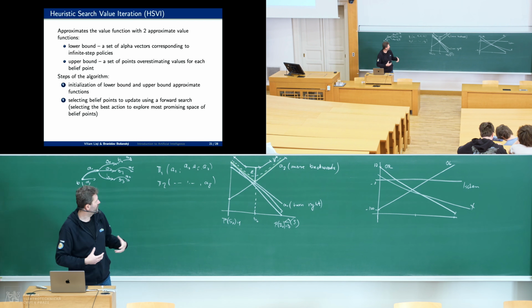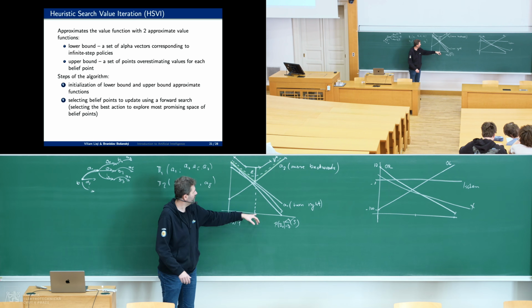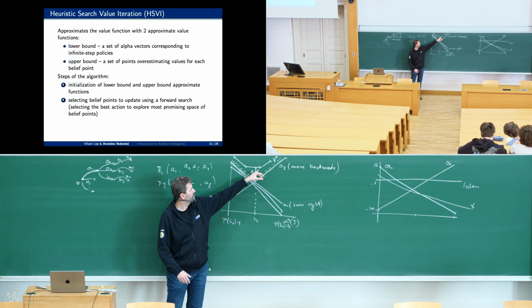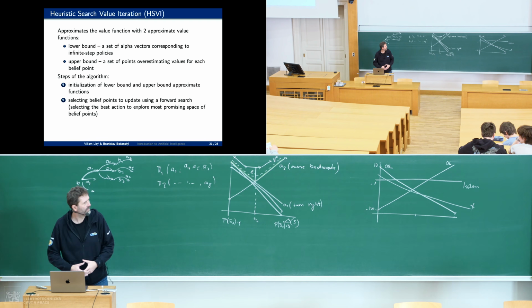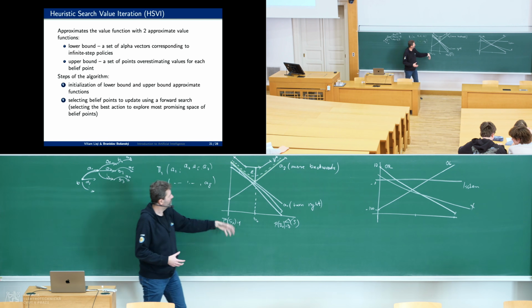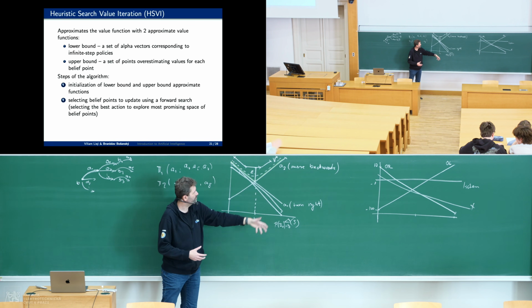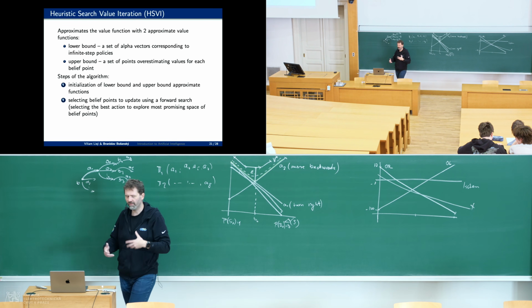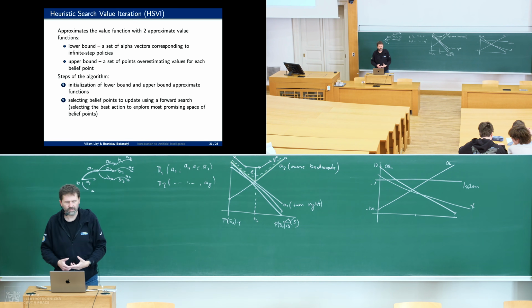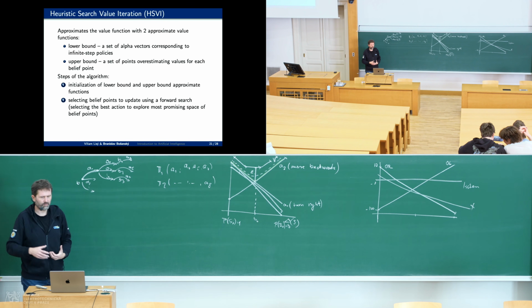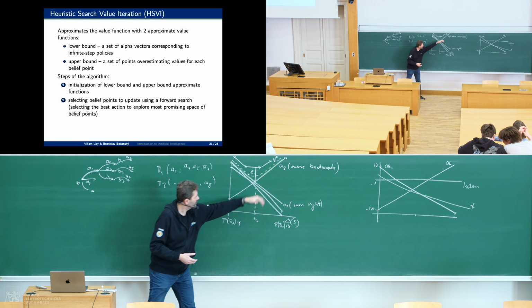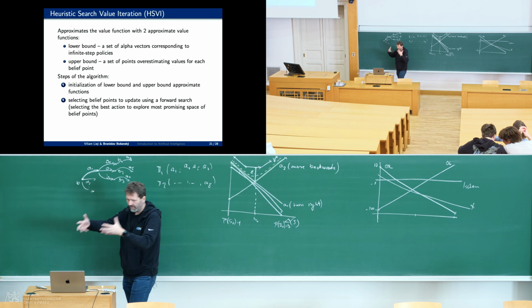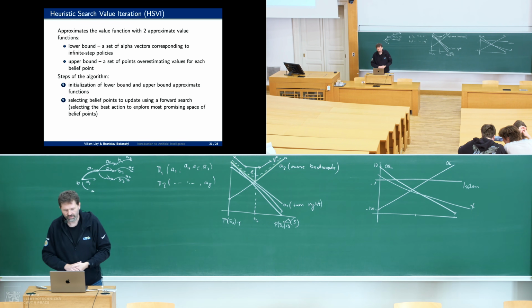We start with the initial belief, and based on the upper bound, we select the best action and move to another belief based on our observation. Again, we select the best action based on the upper bound, perform the updates, and move to another belief, and so on and so on. At some point we will stop and then propagate the changes upwards.